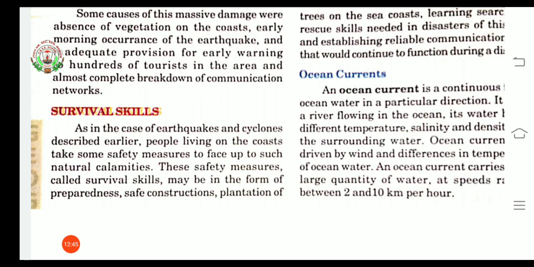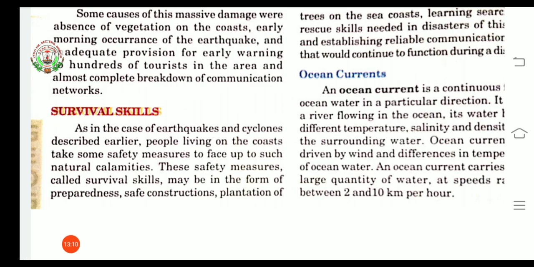These safety measures are called survival skills, or you can say skills to survive. These survival skills can be of any kind. First we can say preparedness, meaning the people who are living there and have survival skills will be prepared to face any kind of natural calamity.